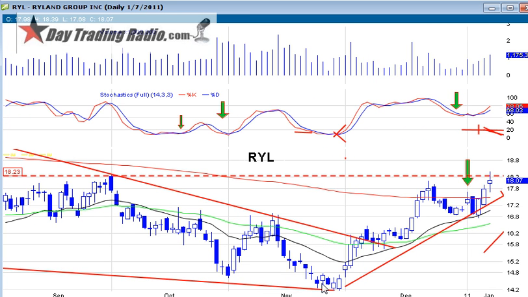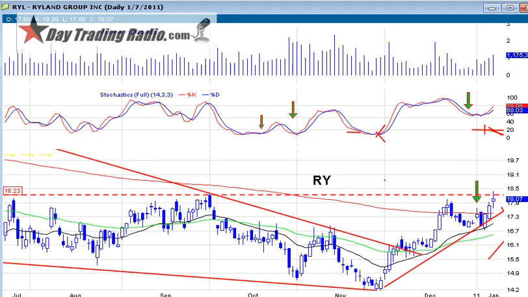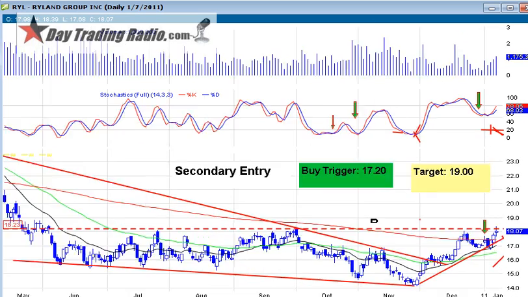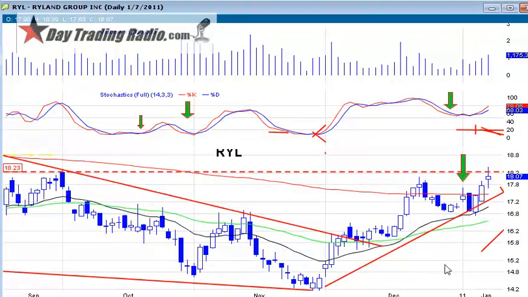RYL. This was a stock that we've kind of gotten out of this larger wedge pattern. It broke up, and this is really the first retracement, but we didn't get all the way pulled back on the stochastics. The reason I took this entry here is because I didn't feel like we were going to get down to that level.